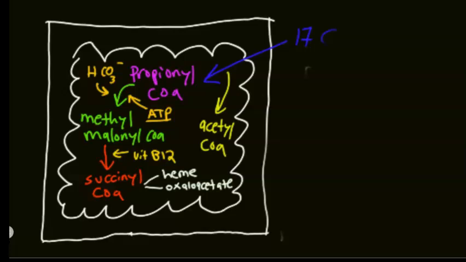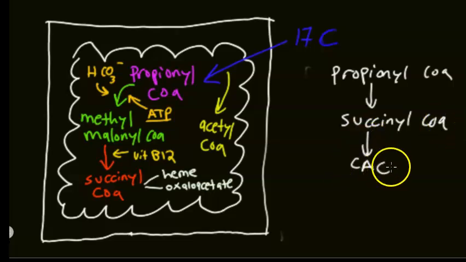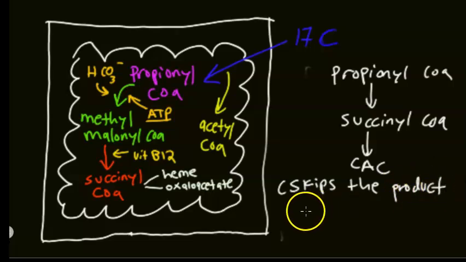The interesting thing is that when this propionyl-CoA is converted into succinyl-CoA, it requires an ATP, as we saw in this process, right? And when this succinyl-CoA enters the citric acid cycle, it actually skips the production of 2 NADH.